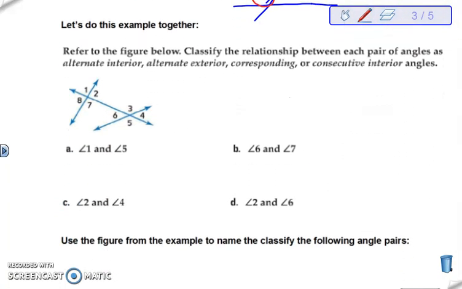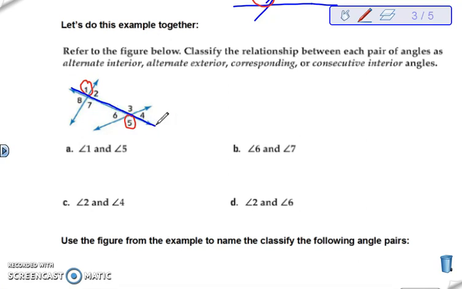Here is an example. If we look at this picture, we need to basically identify all the angle pairs. First one says find 1 and 5. So here's 1, here's 5. Our transversal is the one that passes 2 lines.